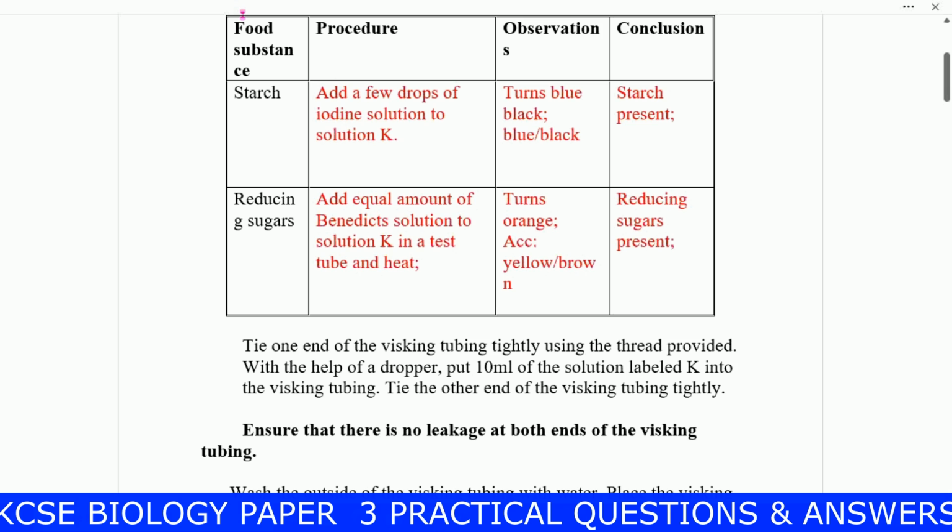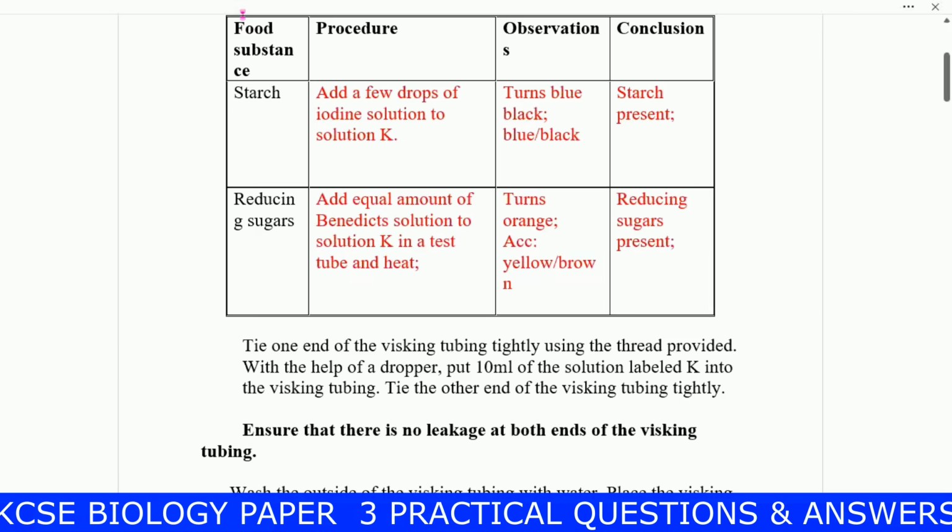When you are testing the reducing sugar, you add an equal amount of Benedict solution to solution K in a test tube and heat. You can see the procedure, very important. Then if it turns orange or yellow-brown, then you realize that there are reducing sugars present.